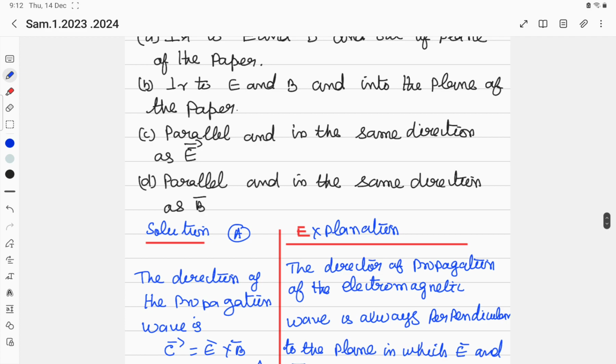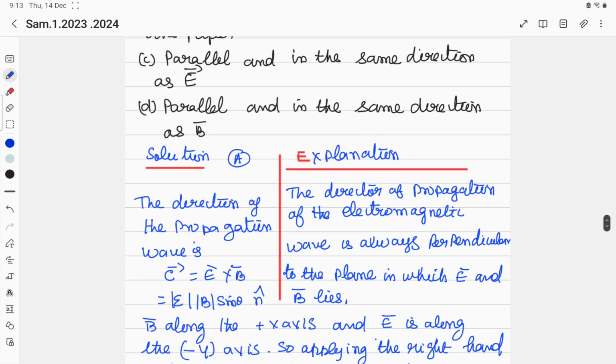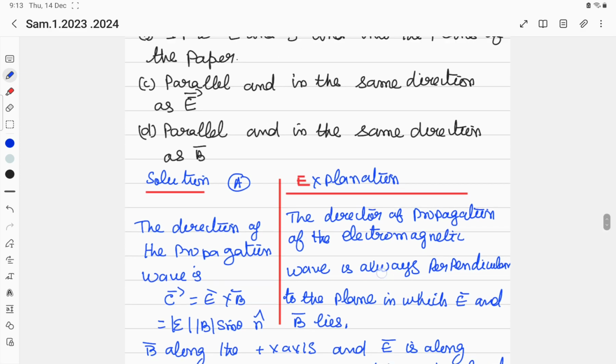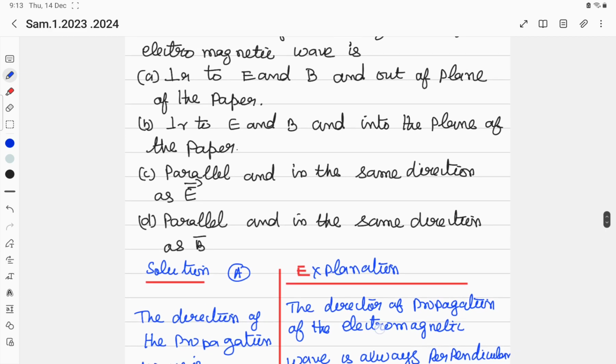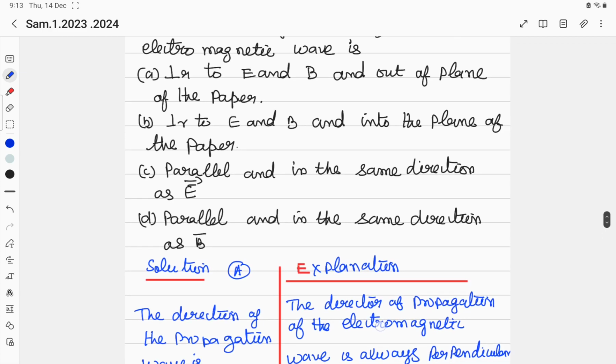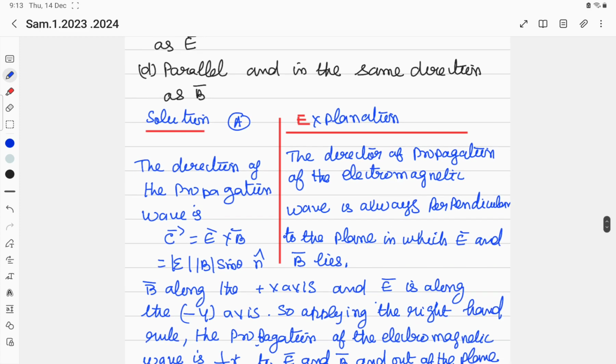B. perpendicular to E and B and into the plane of the paper. C. parallel and in the same direction as E. D. parallel and in the same direction as B. Solution. Answer A, that is perpendicular to E and B and out of the plane of the paper.